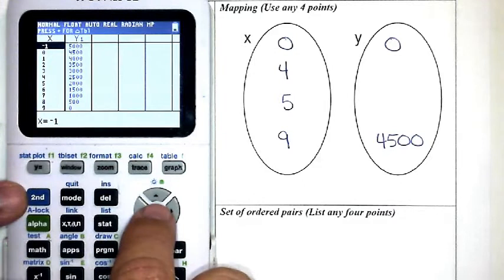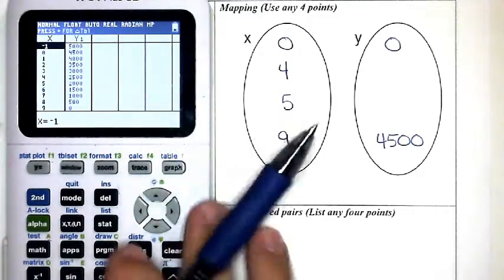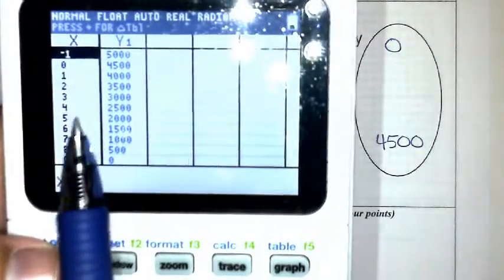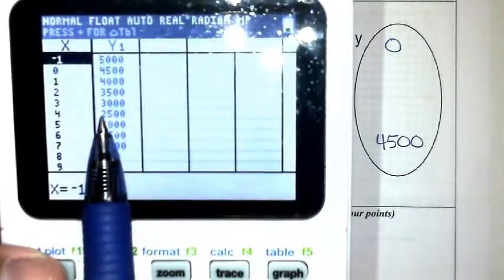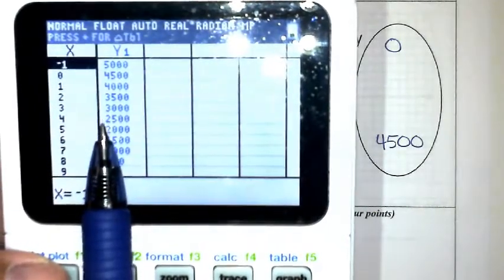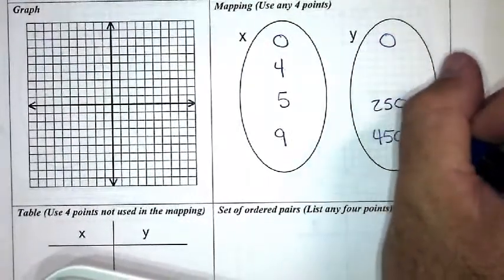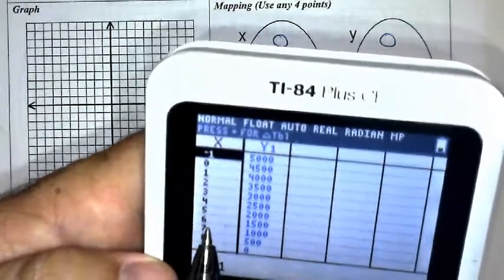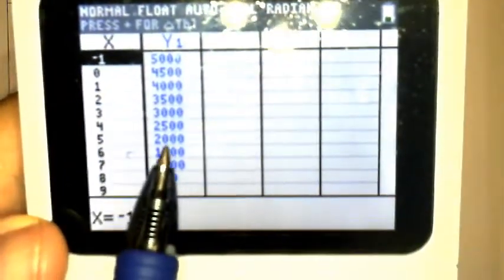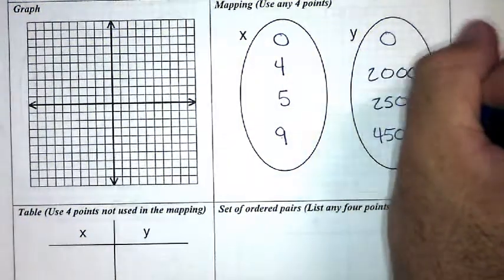So now I'm at my table. I chose 4 and 5 for my x values. If I go to 4, what's the value of the water? Thank you. I'm literally pointing at it. Okay, 2,500. After 5 hours, what's the level of the pool? This thing is an amazing tool.